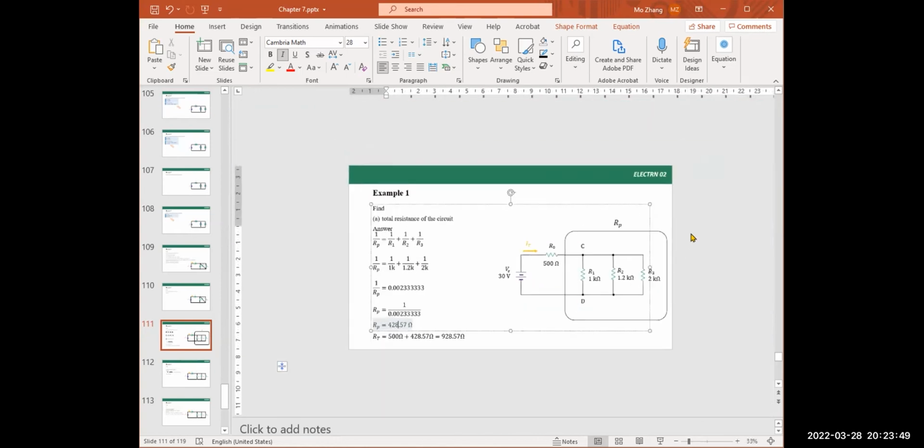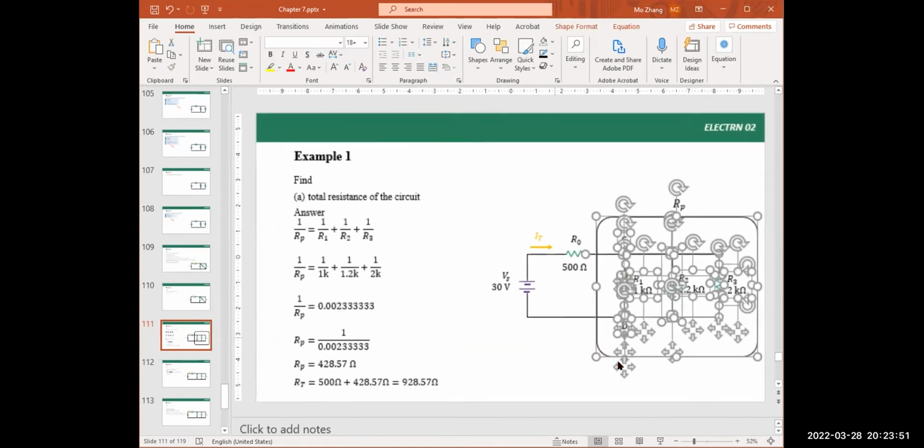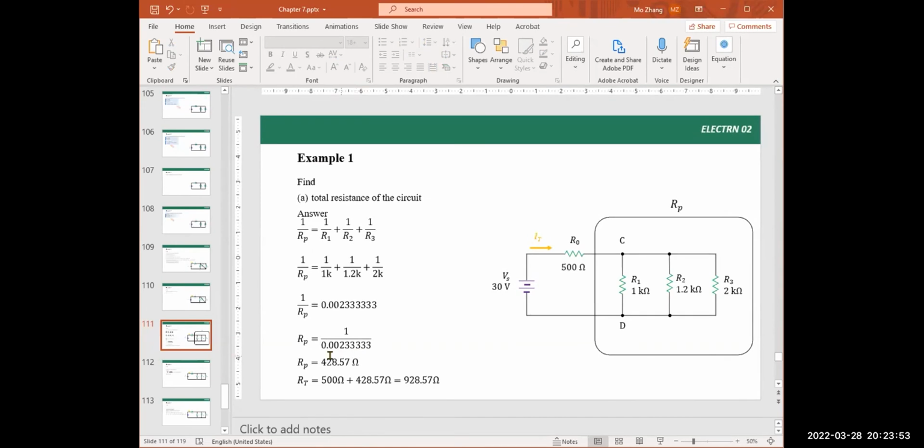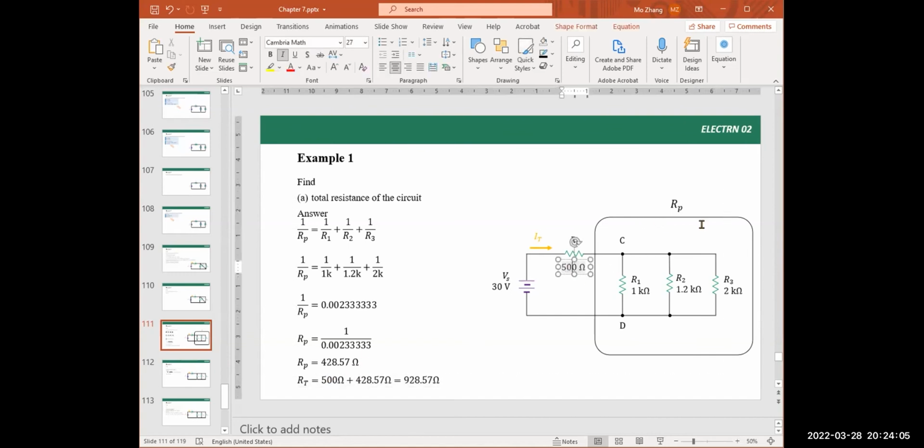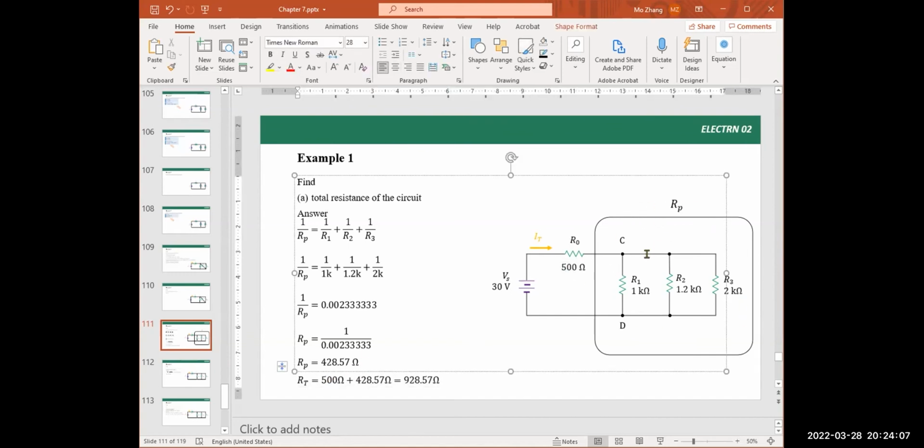These 3 parallel resistors combined equal 428.57 ohm resistance. So the total resistance of the entire system is the 500 ohm, this one, added to this part, which is 428.57 ohm.